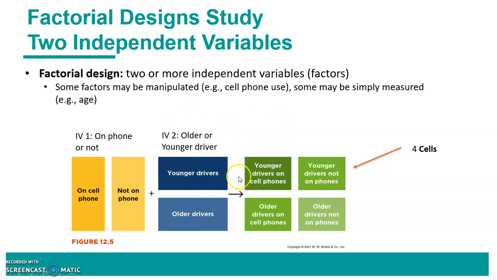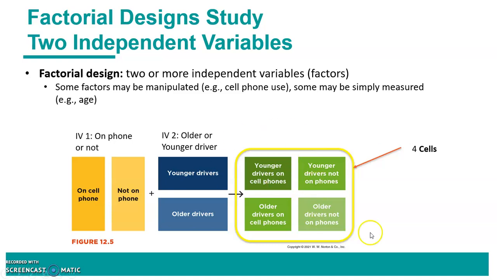Now, what you'll get used to seeing a lot of is cells like this, a table like this with these 4 cells, indicating all the different combinations of the two IVs. So you can have IV level 1 on cell phone, and then you can have IV 2 level 1, young drivers on cell phones. You can also have young drivers not on phones, older drivers on phones, older drivers not on phones. Those are the 4 possible combinations of the 2 levels of the 2 independent variables.